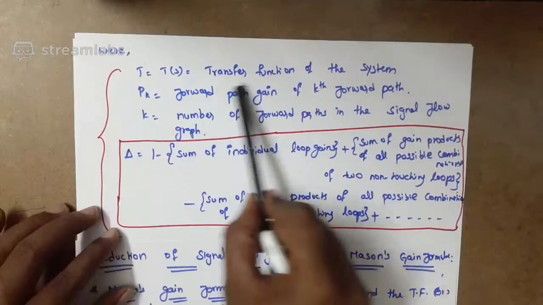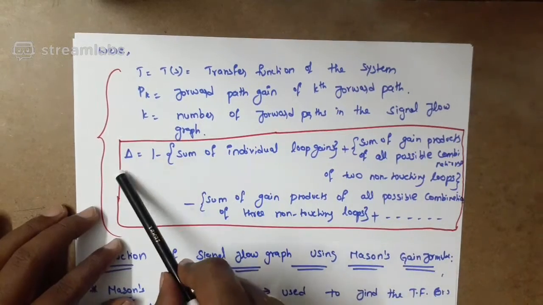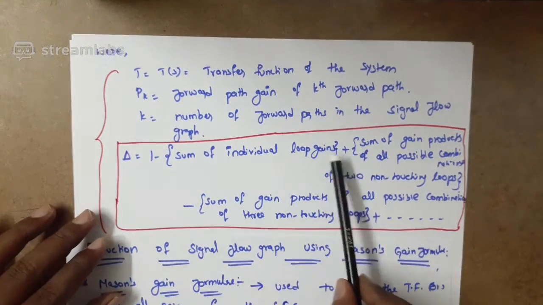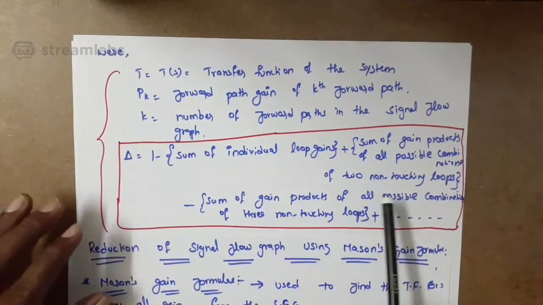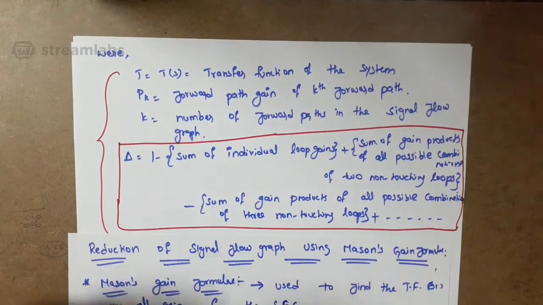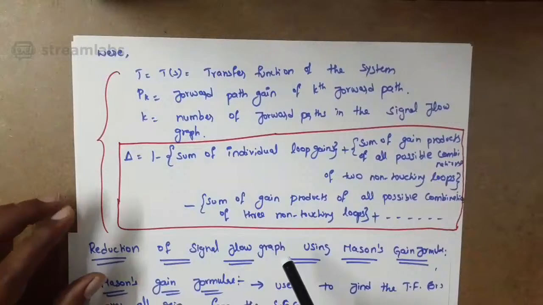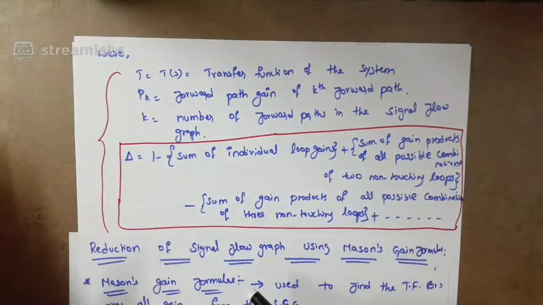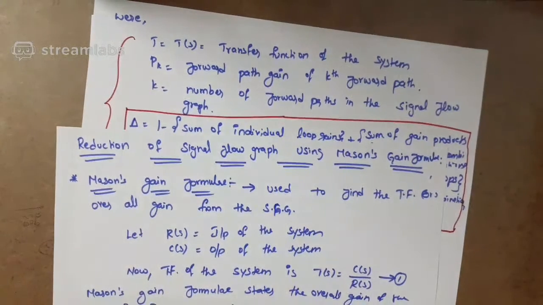Here T is the transfer function of the system, Pk is the forward path gain of the kth forward path, K is the number of forward paths in the signal flow graph, and delta is the sum of individual loop gains, plus the sum of gain products of all possible combinations of two non-touching loops, and of three non-touching loops. One more thing, we discussed all these parameters in the previous class, so don't forget to follow the previous class. This is a continuation of that class.